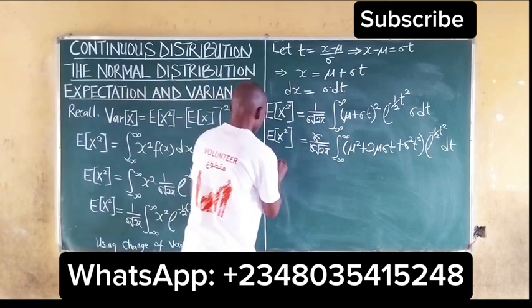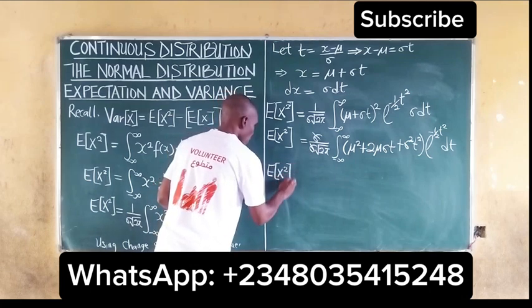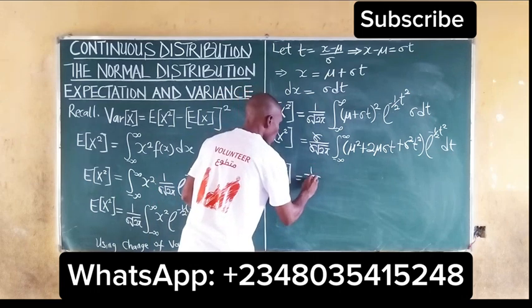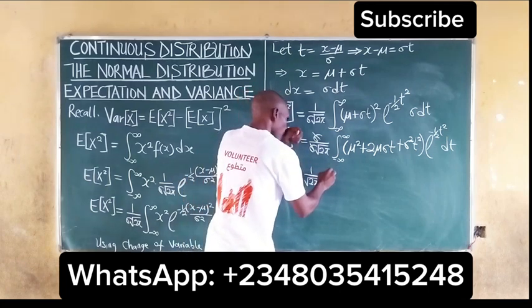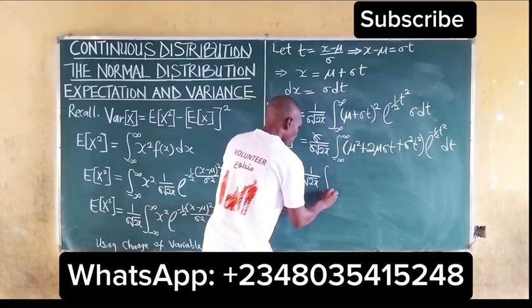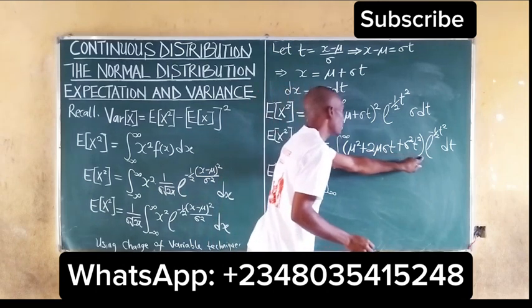So we have that our expected value of x squared will be equal to 1 all over square root of 2 pi, the integral from negative infinity to infinity. We have the whole of this.